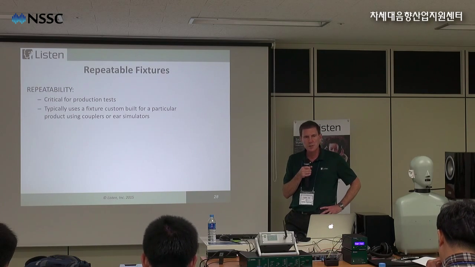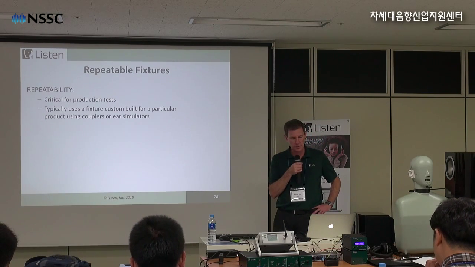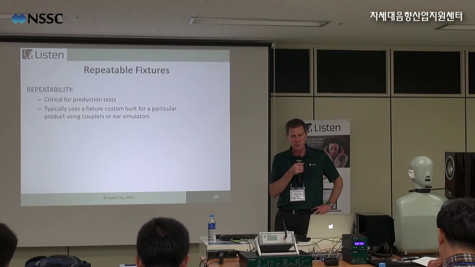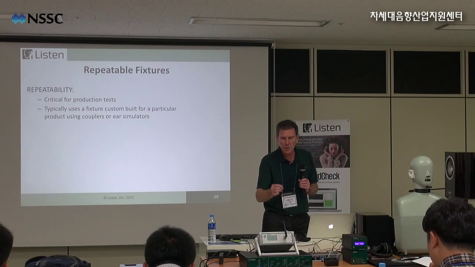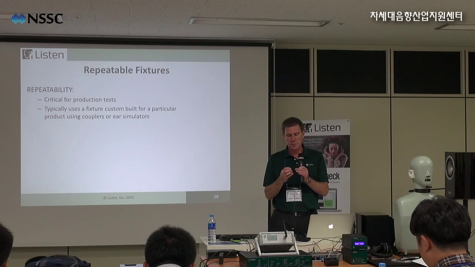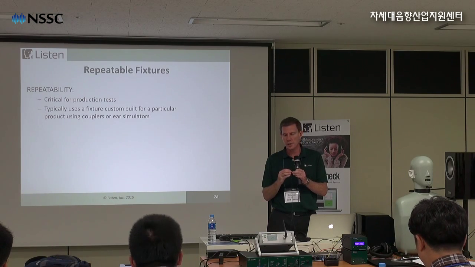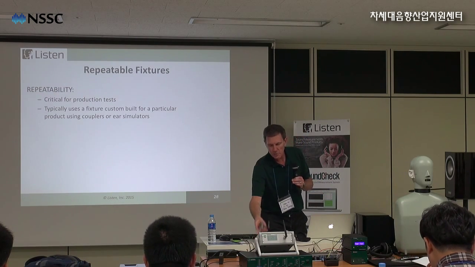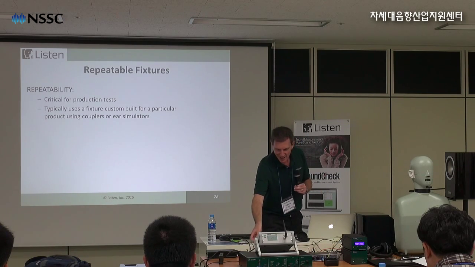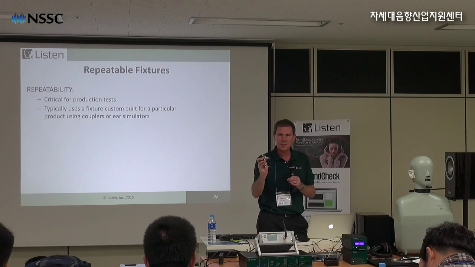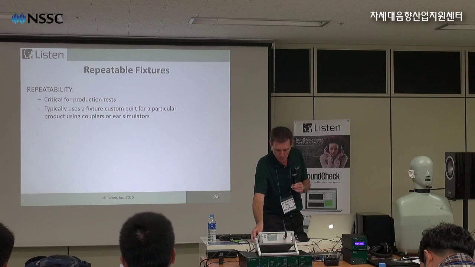It really depends on the type of headphones. Often I've seen in-ear headphones with a tight-fitting custom mold where the earphone goes right in and is very repeatable every time. Well, that's pretty good. Again, not necessarily too realistic, but very repeatable.